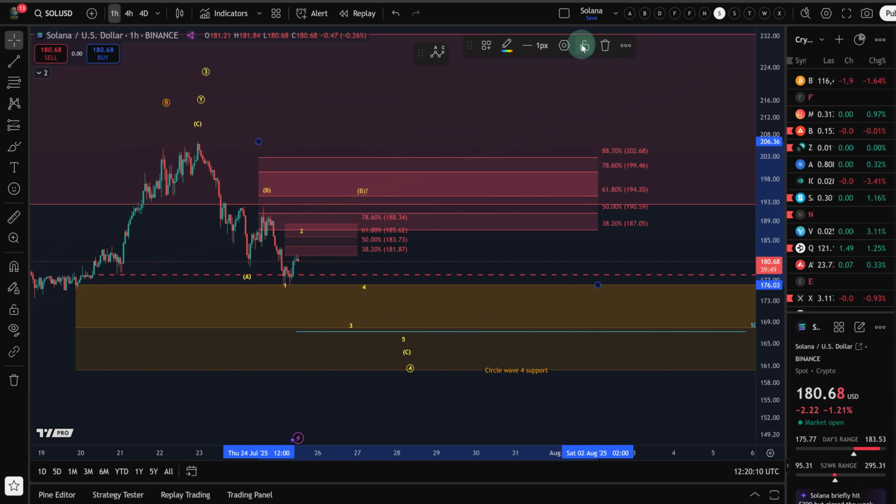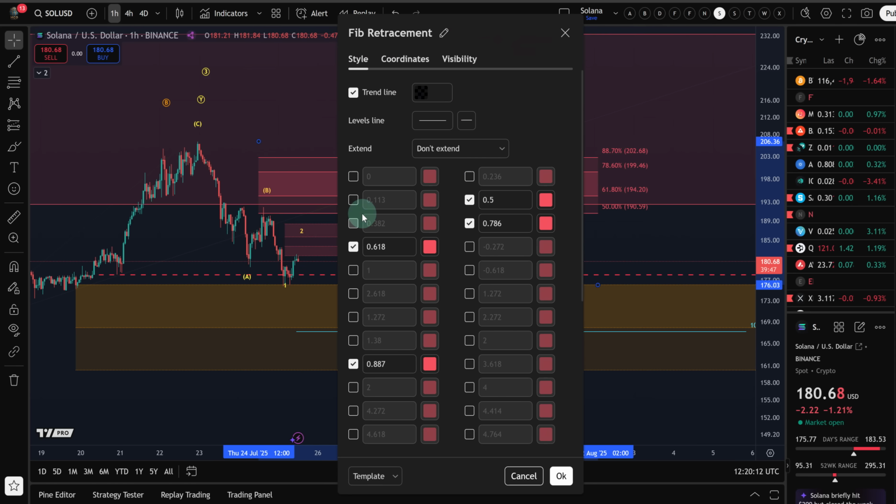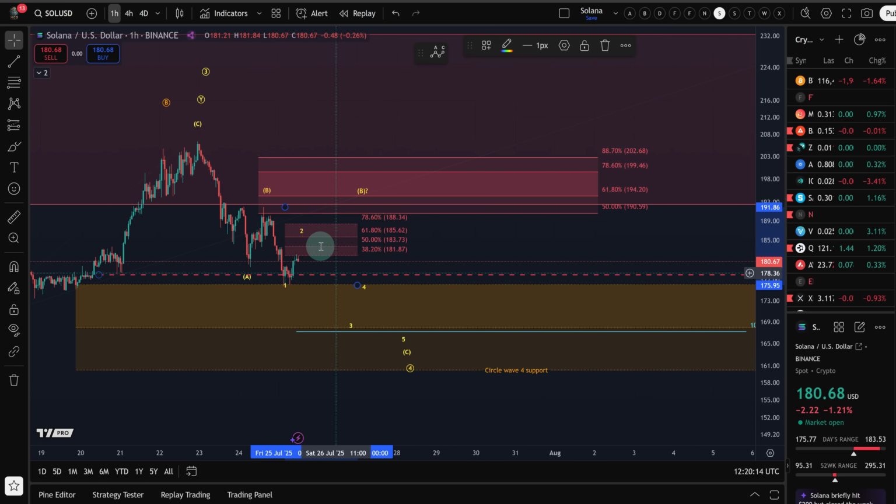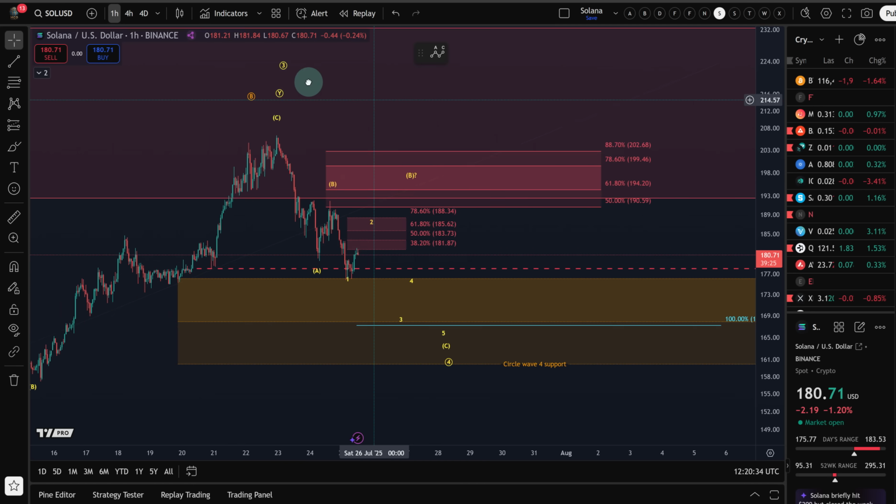Here, this is the micro resistance area. It starts at $101.87 and ends at $188.34. This is more like a weak resistance area, but it is relevant for this yellow wave too, which means a break above it would indicate that the bulls are trying something, but it most likely will simply be a broader wave B, best I can tell you.